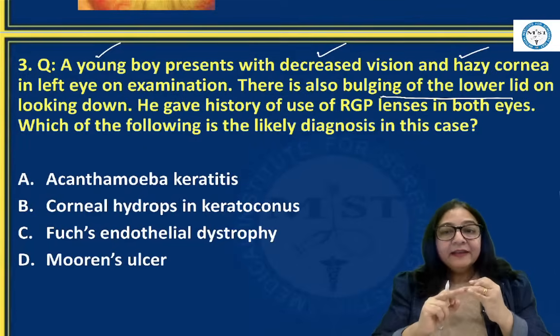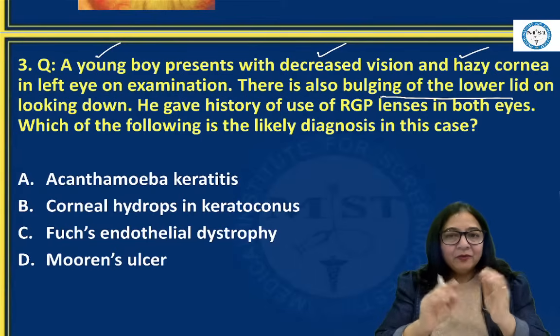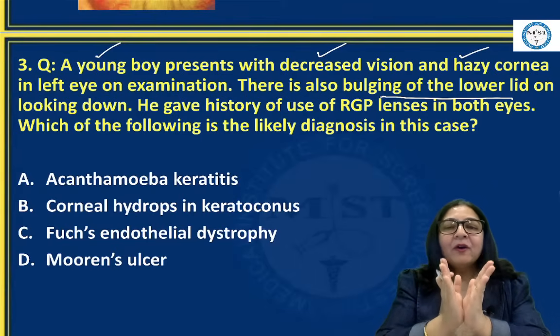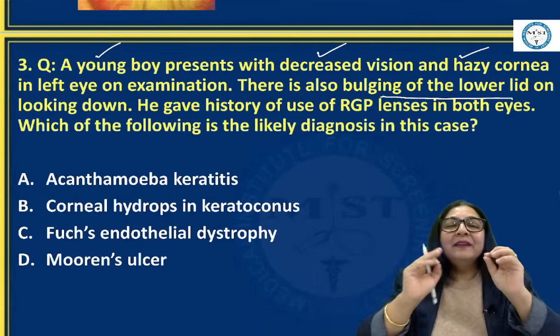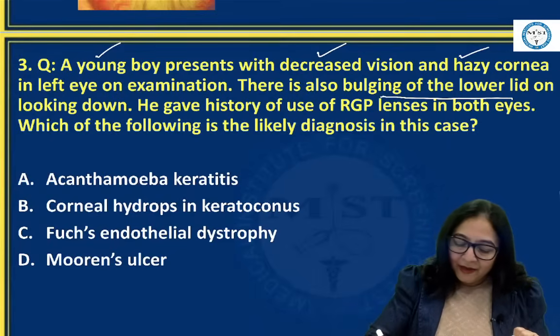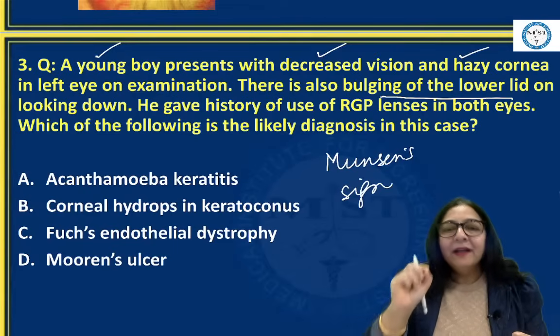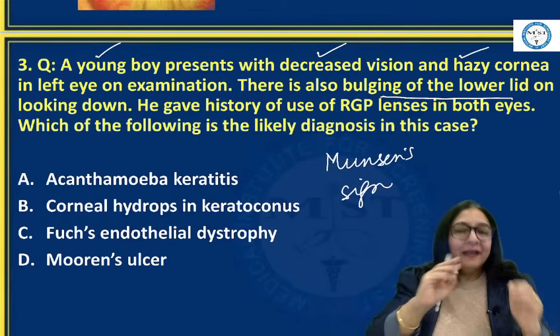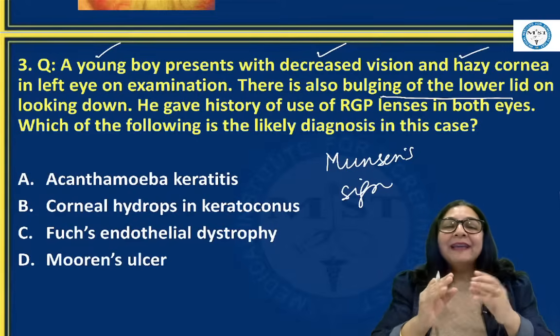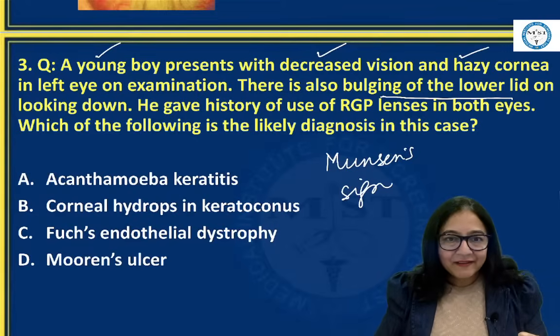Now with the history, as you know, there is one condition in which the cornea has become conical, so that when the person looks down, there is bulging of the lower lid. We call it Munson's sign. Even this information is enough to tell you that this is a case of keratoconus, right? RGP lenses are used to correct irregular astigmatism in keratoconus.